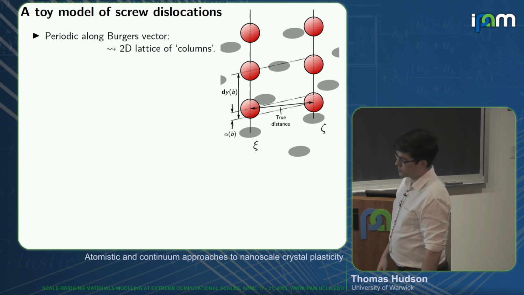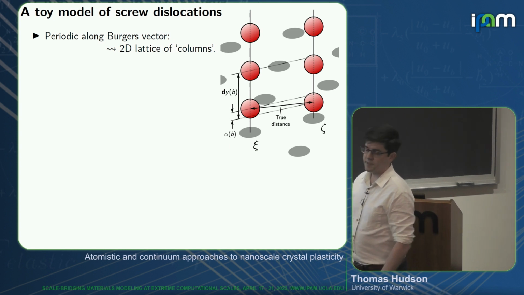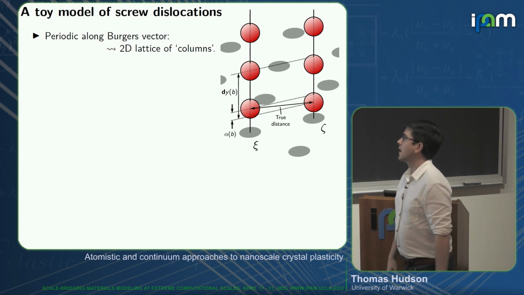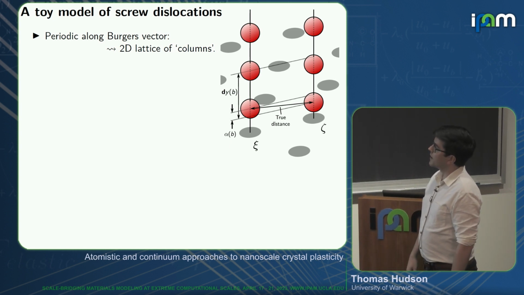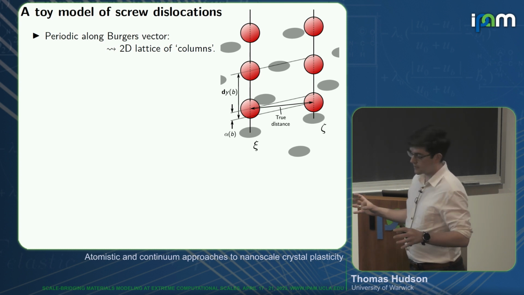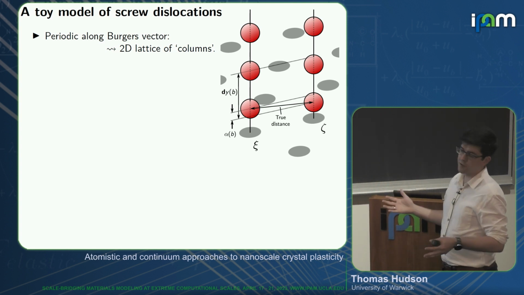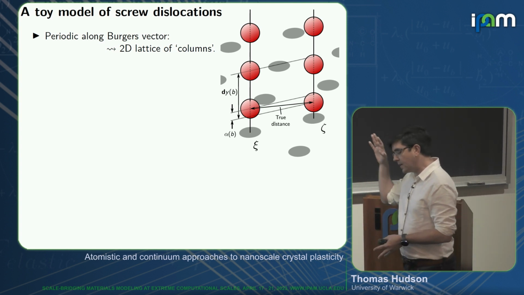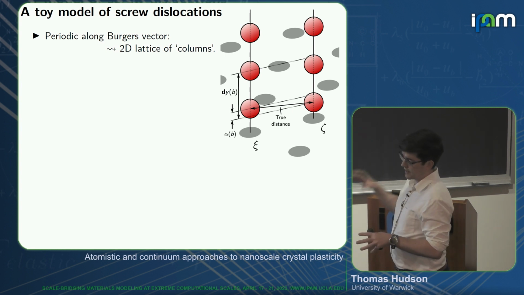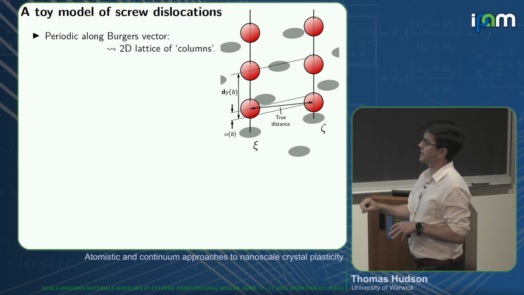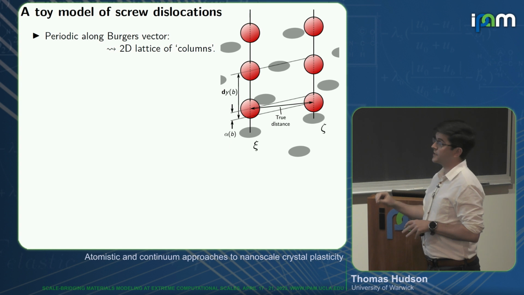The idea is to try to model screw dislocations in some very simple model. The way that we thought about this in my thesis is basically to consider, let's say, a BCC crystal, where we know that 111 screw dislocations are a thing, and to think about that lattice where I look down the screw dislocation line direction.